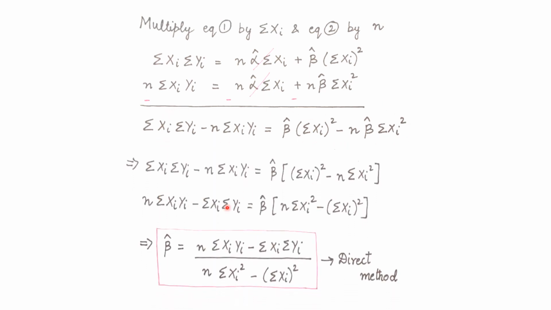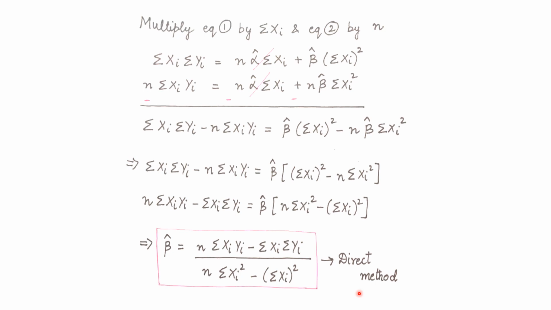Then by simple mathematical manipulations, we can get this value of beta hat. Similarly, if you put this beta hat value in one of these equations, you can get the value of alpha hat also. So this value is known as the direct method value of beta hat.